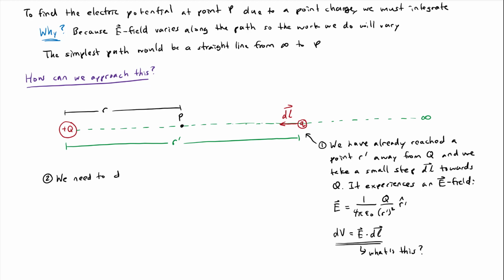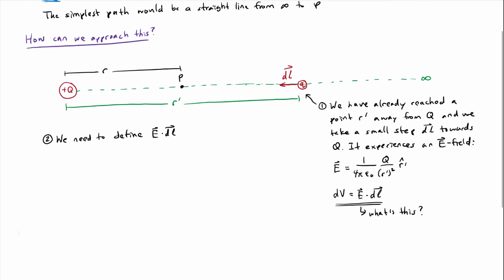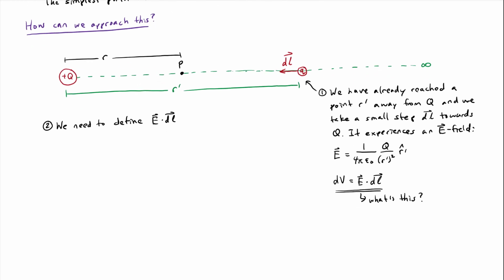We need to define E dotted with dl. And remember, we're trying to find the electric potential due to a point charge, and we're going to end up with an equation afterwards that we can use. So let's start here with our charge Q. It's a point charge, and it's going to have an electric field around it.